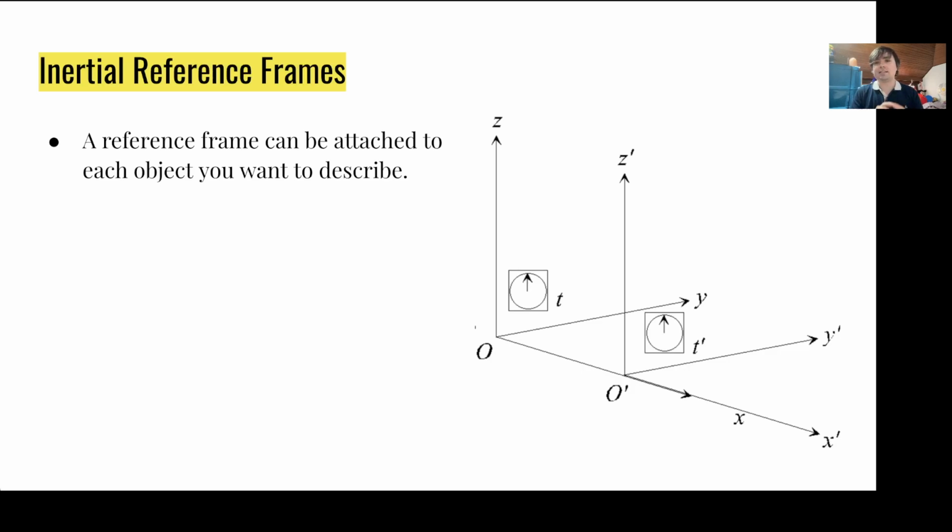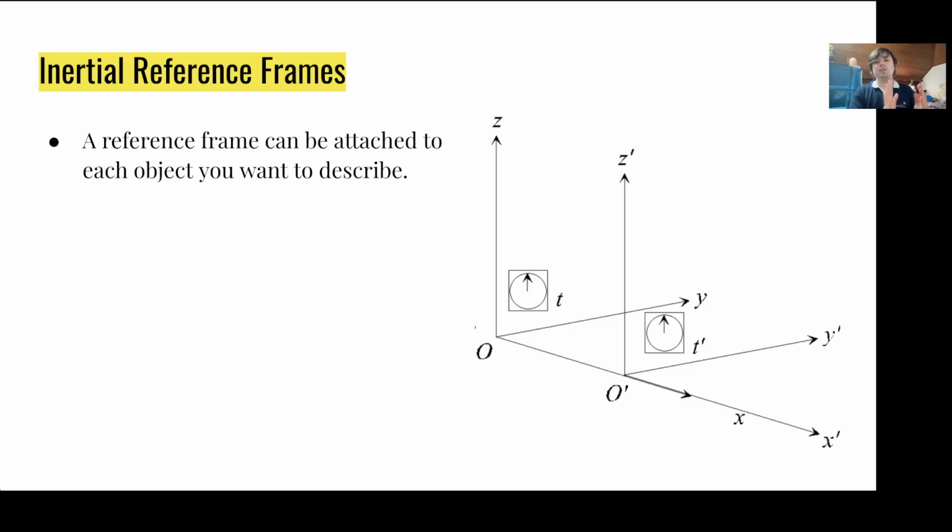But in this example that I have here, it's moving along the x direction. So at time t equals t, you use the coordinate system with x, y, and z. And then at t equals t prime, at some later time, you use a new coordinate system with prime variables. So it's t prime and x prime, y prime, z prime.